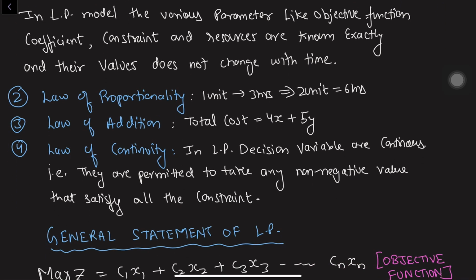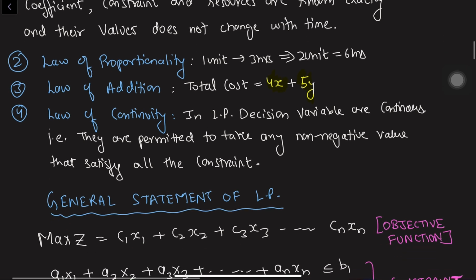Law of addition is basically, let's suppose my total cost is 4x plus 5y, then your x and y will directly get added to find the total cost. Basically, it will follow the law of addition. Similarly, there is the law of continuity. Basically, in LP, decision variables are continuous.